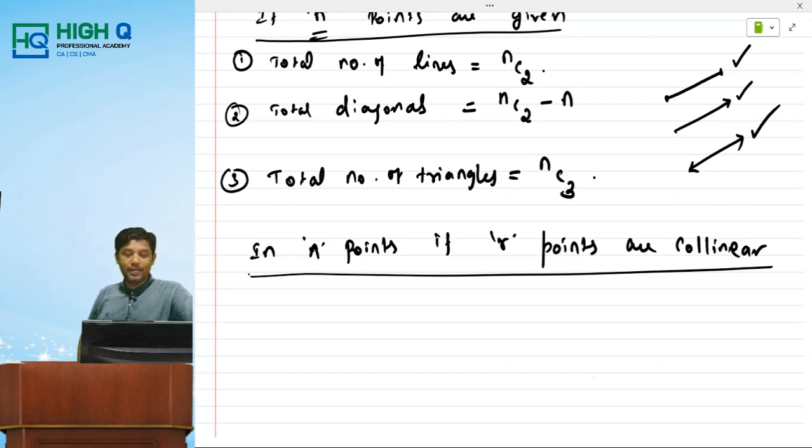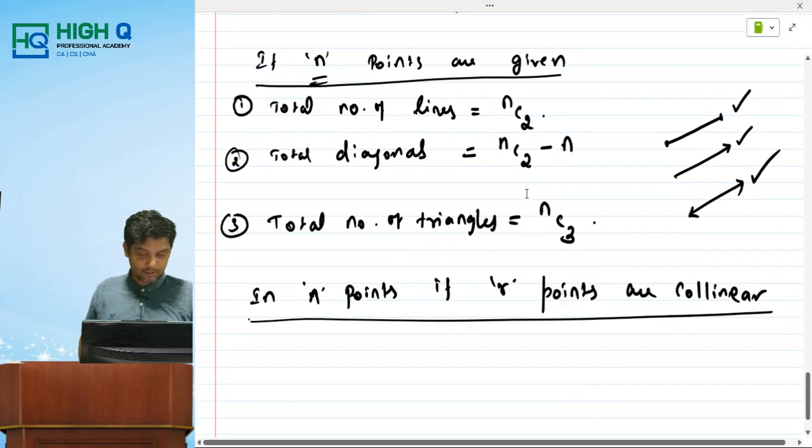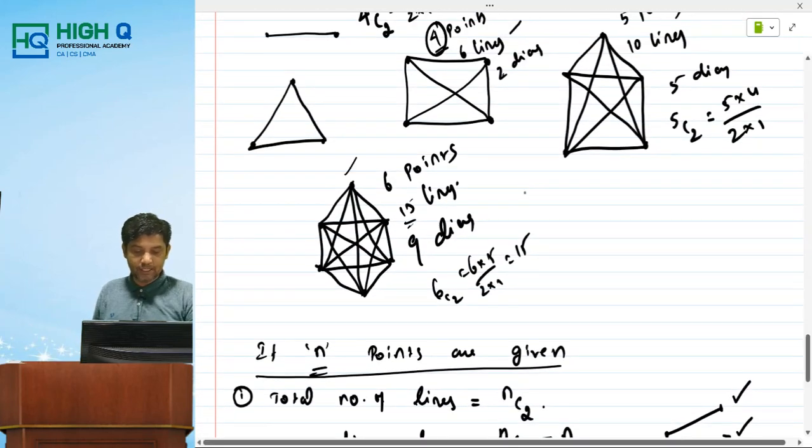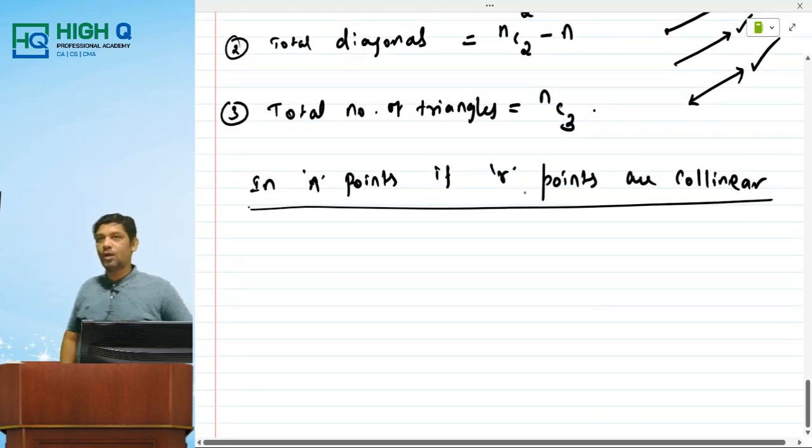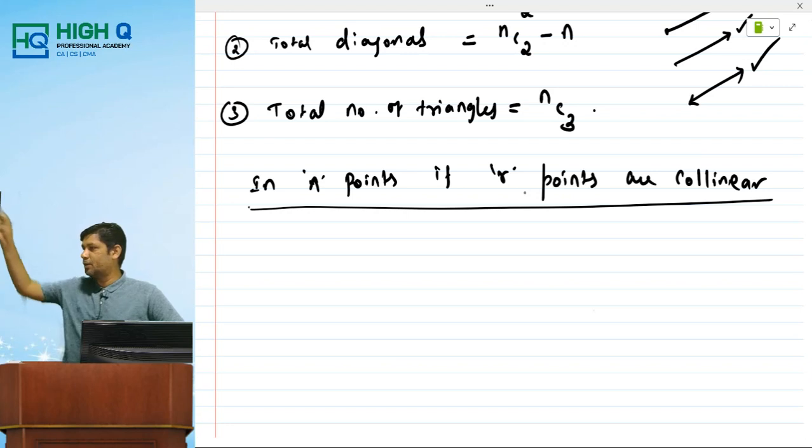If, in n points, r points are collinear, what does that mean? These 6 points, these 4 points, these 5 points are called non-collinear points, because none of the points lie on the same straight line.